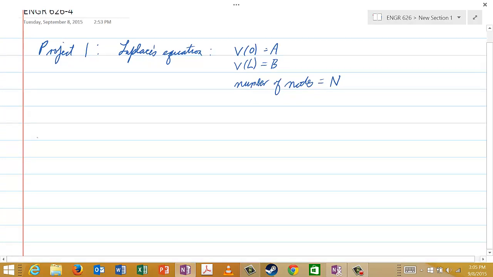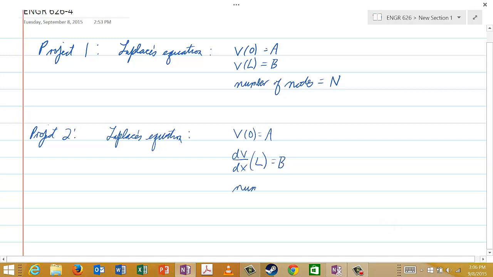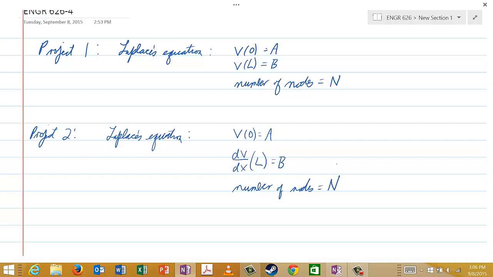Now, for project 2, once you have finished project 1, project 2 will be to modify the code you have for project 1 so that it can handle these new boundary conditions: V of 0 is equal to A, and dV/dx of L is equal to B, and the number of nodes is equal to N. So in this case, you'll have the Dirichlet boundary condition at the left boundary, but the Neumann boundary condition at the right boundary.